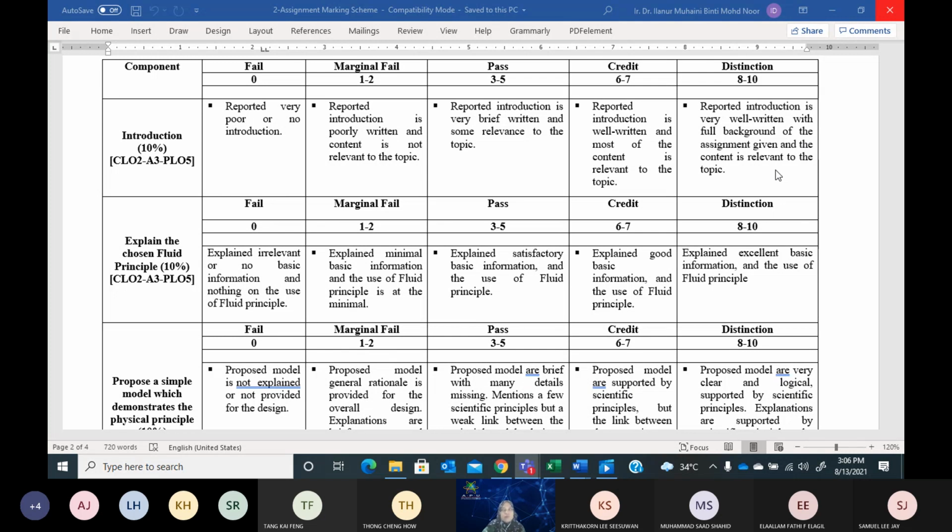So for example, if you are making Pascal principle, you need to talk something about Pascal in the introduction. Don't talk about other principles like Bernoulli, Archimedes. All these are under fluid principle. But when you have chosen to use Pascal, don't talk about something else in this introduction.